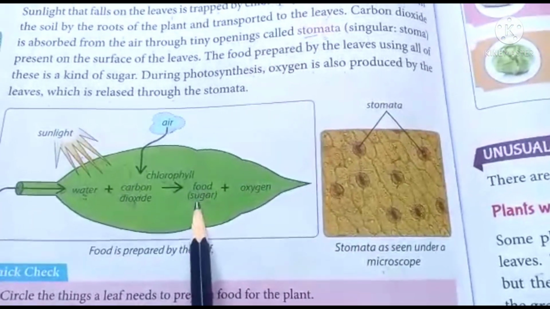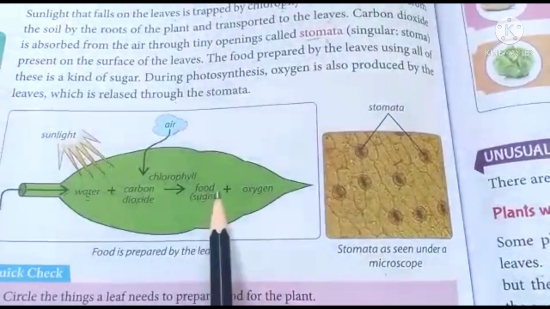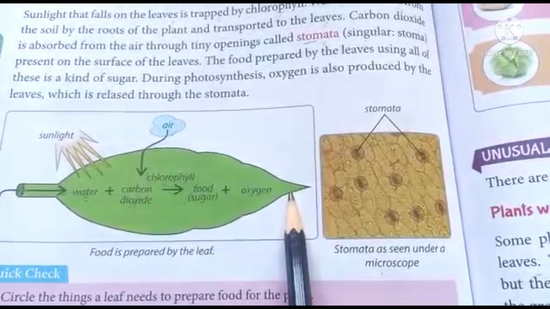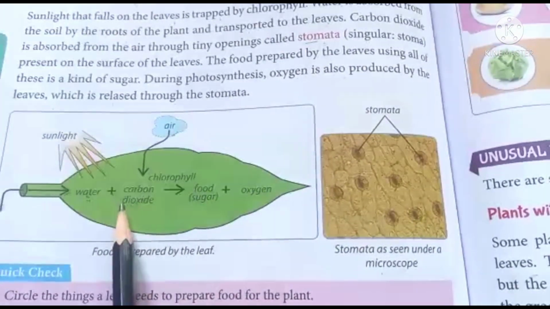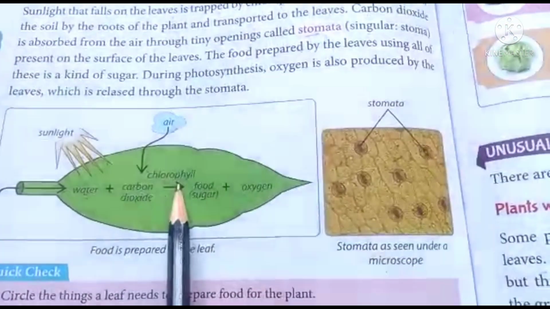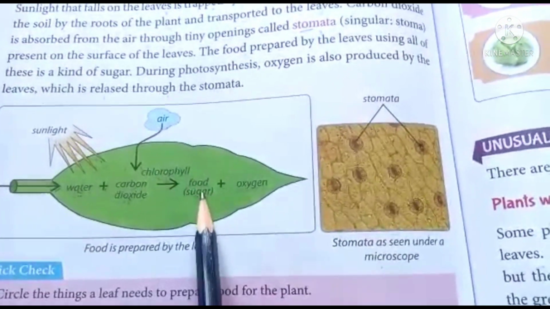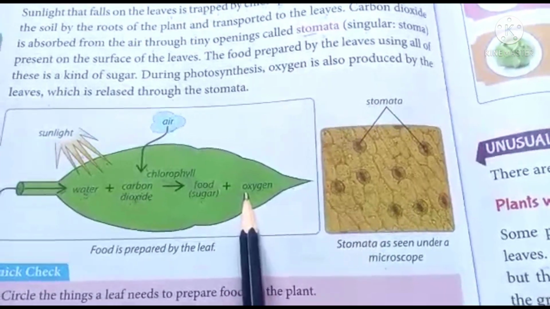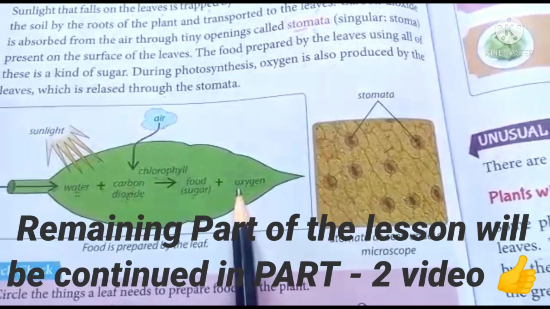Food is in the form of sugar, plus oxygen is released into the atmosphere. When the plants prepare their food by using water plus carbon dioxide in the presence of chlorophyll, food is prepared. Food is like sugar, plus oxygen is released into the atmosphere. Okay.